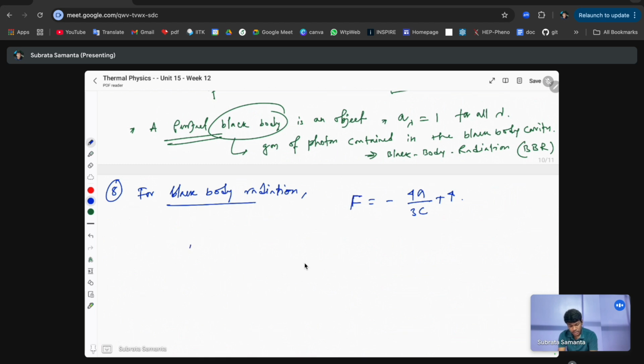And your Cv is basically 16 sigma Vt cube over c. Sorry, I think there is also V, so let me check what is the free energy for black body radiation. Yes, T to the power 4 times the volume V, and minus 4 sigma over 3c, so this is correct.